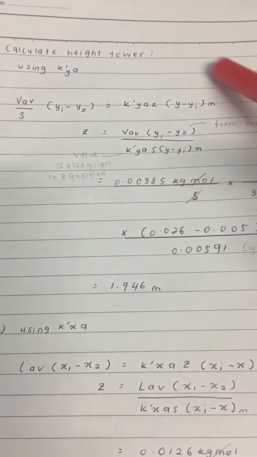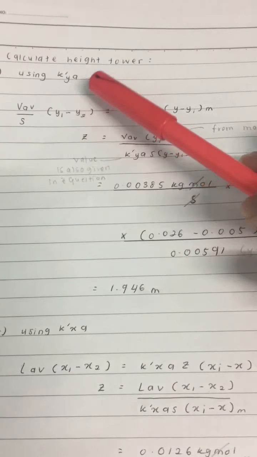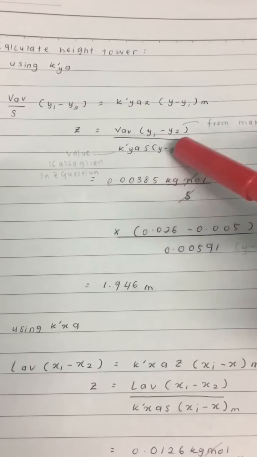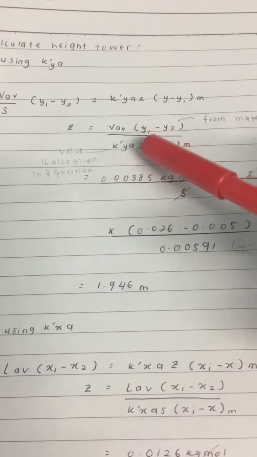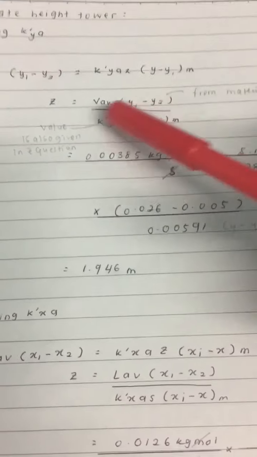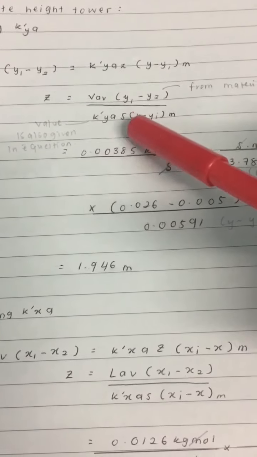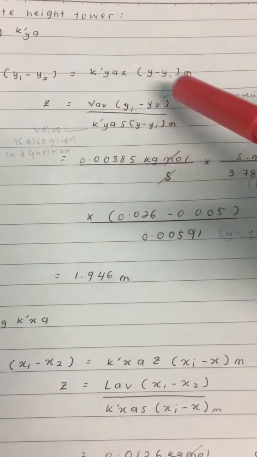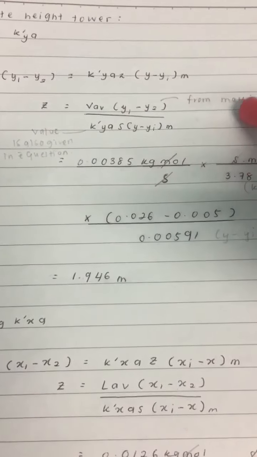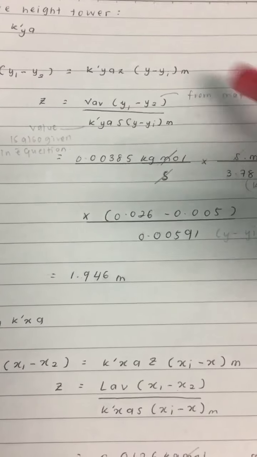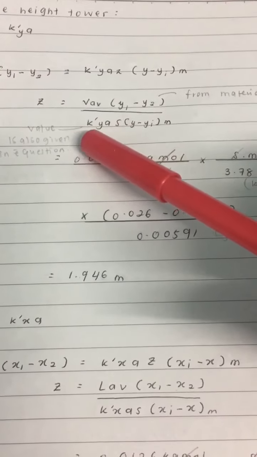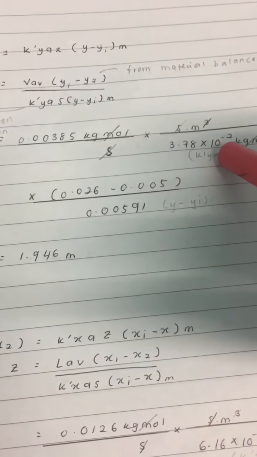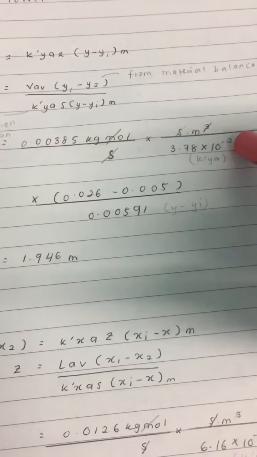First, we need to find the tower height using small k prime ya, where we need to find the value of z. The equation is VAV multiplied by y1 minus y2, divided by k prime ya multiplied by S multiplied by y minus yim. The values of y1 and y2 come from the material balance equation. The value of k prime ya is 3.78 multiplied by 10 to the power of minus 2.